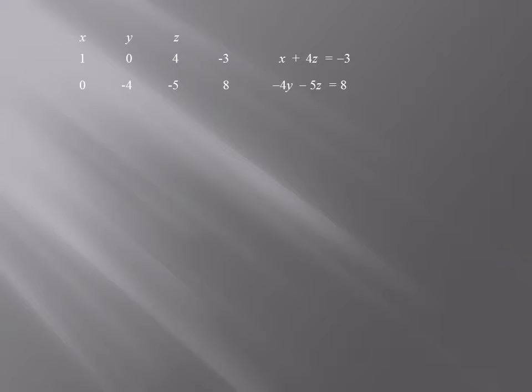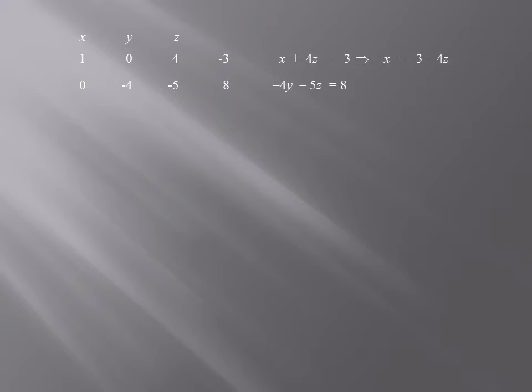Next, you solve for the leading variable in each of those 2 equations. The leading variable in that first equation is x. Solve for x in the first equation, and you get x equals -3 minus 4z.